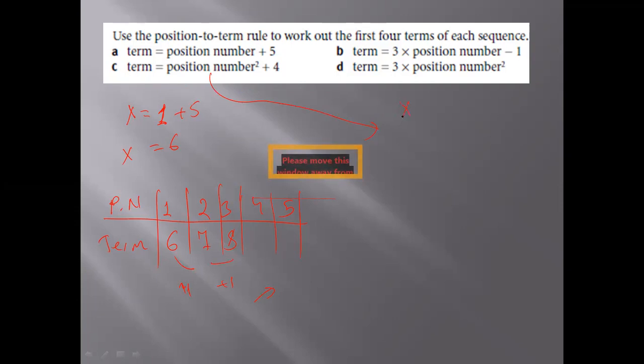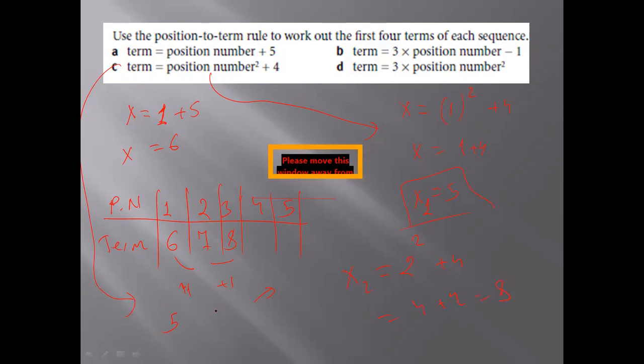And the term x is equal to the position number. For example, I want the first term, plus 4. The first term means 1 plus 4 is 5. Okay, so the first term is 5 for this formula. And the second term means 2 squared, plus 4, is 4 plus 4, which is 8.